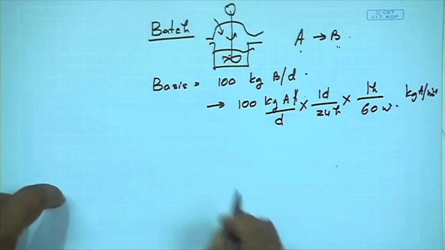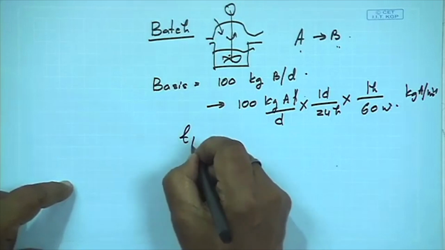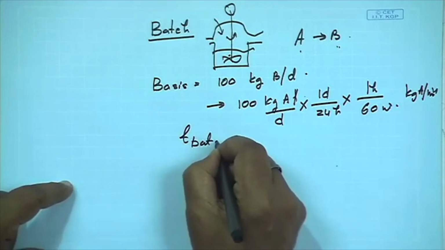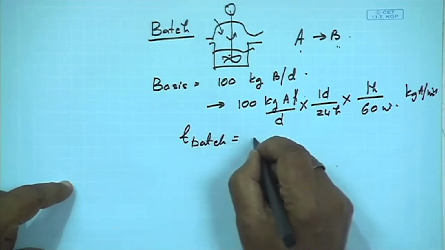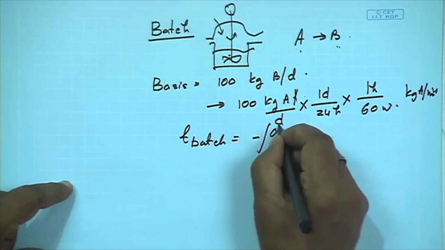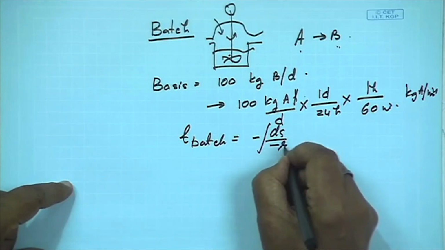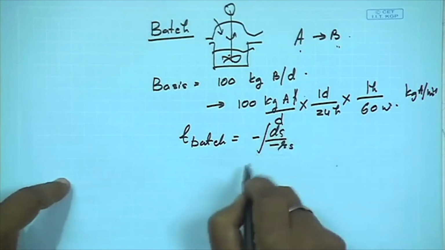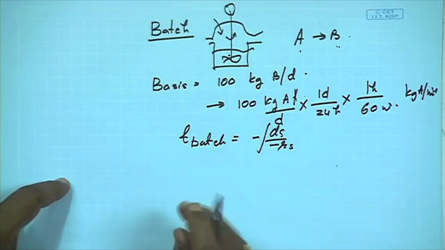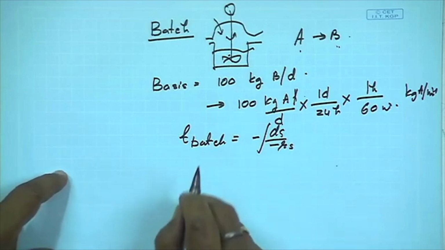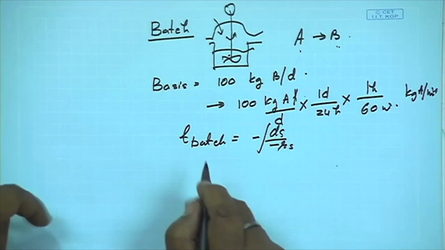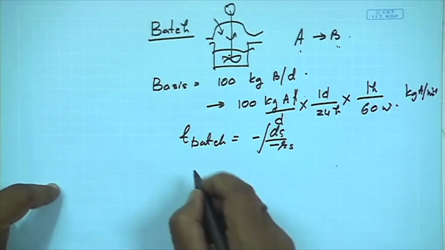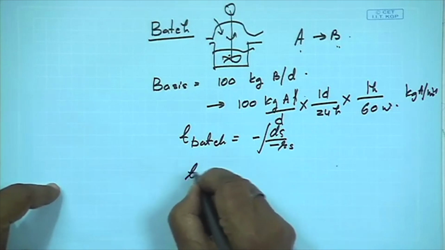Okay. Now, T batch, you can find out, equal to the same equation that we have, minus dS over minus rs. If you have a conversion, then you have to calculate this value. But here there is a problem. When you do any kind of batch process, we shall have to consider the downtime, T downtime.